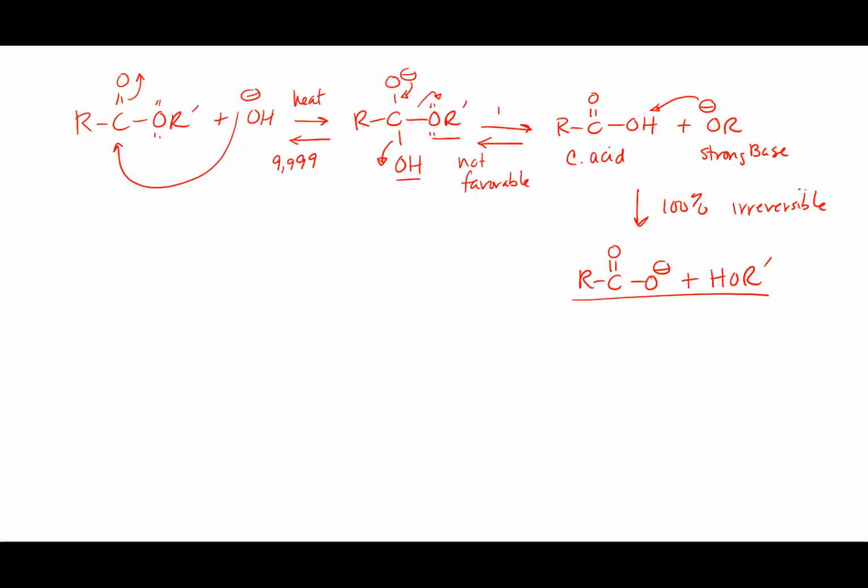Now let me take a moment here to talk about some practical uses of this base hydrolysis reaction. This base hydrolysis reaction is very useful to form things like soaps. What's a soap?